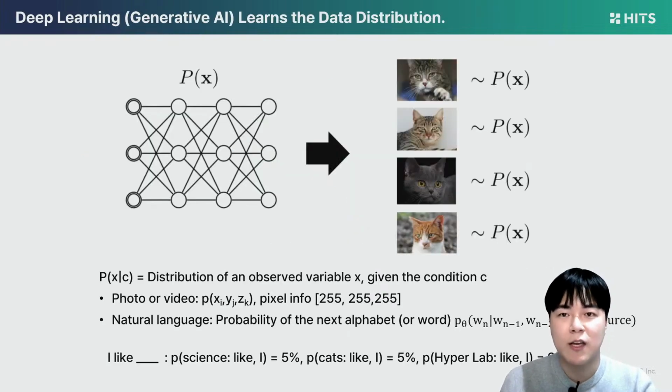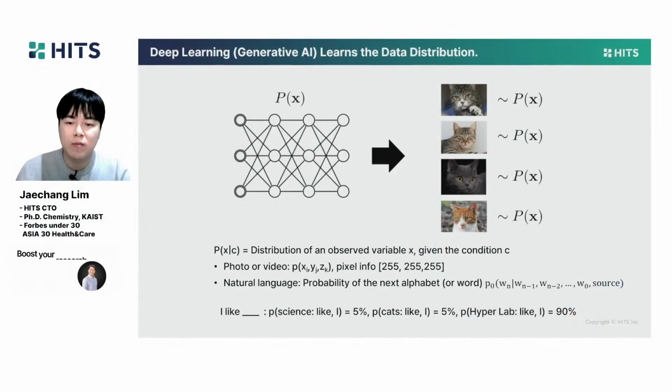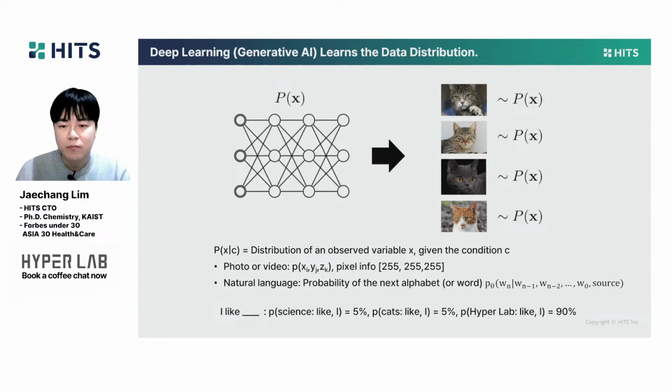Also, deep learning can be interpreted from the perspective of probability, learning distributions from the data. For example, let's say that we have various image data of cats, and the deep neural network learns the probability distribution of these data.